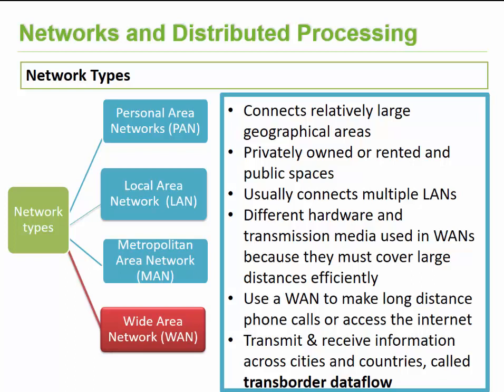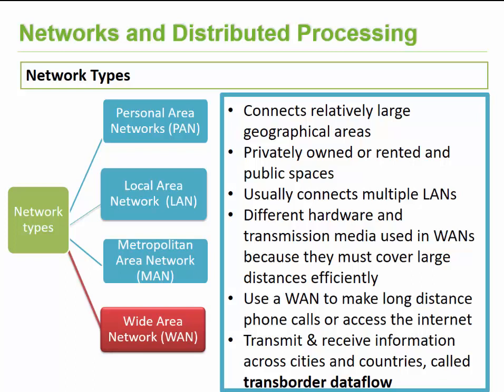It is usually a combination of multiple LANs and multiple MANs that are connected together to form this wide area network. We can find that we have different types of hardware and transmission media that we use. So perhaps the difficulty with these types of networks is we need to make sure that all the different topologies that we've mentioned before and all the different network types can actually efficiently communicate with each other.